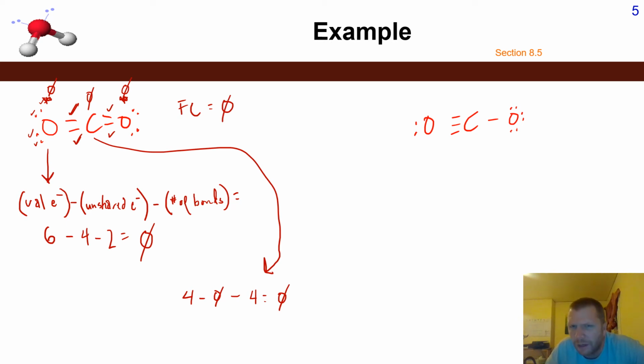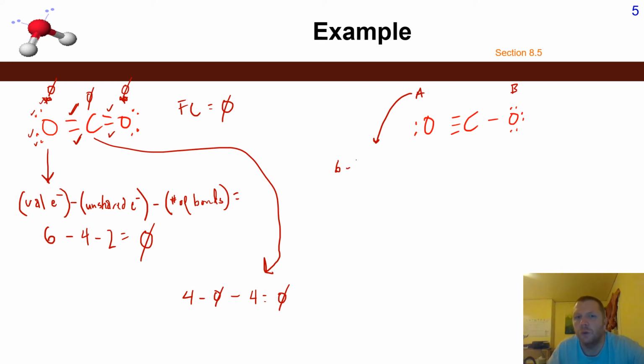Okay, so now what I need to do that's a little bit different for this other model is I need to label my oxygens, because one oxygen has a triple bond and one oxygen has a single bond. So I'm going to label them oxygen A and B. And I'm going to do my calculation for A right here. So how many valence electrons does oxygen bring in? Still 6. How many unshared electrons does oxygen A have?